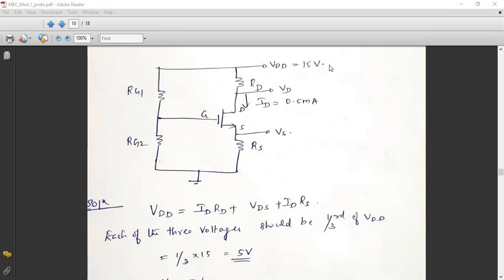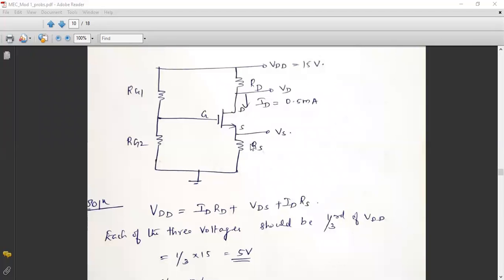Nikita, what is pending now? Yes, RG1 and RG2. Fine.